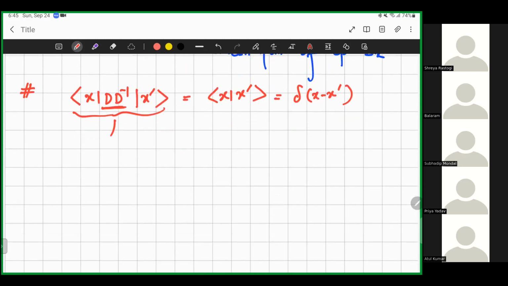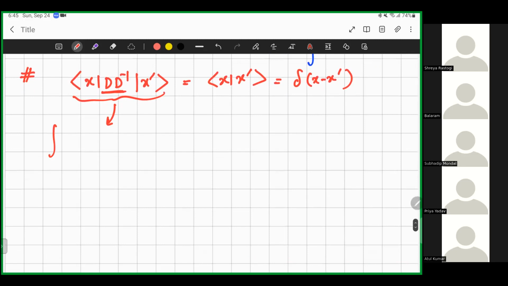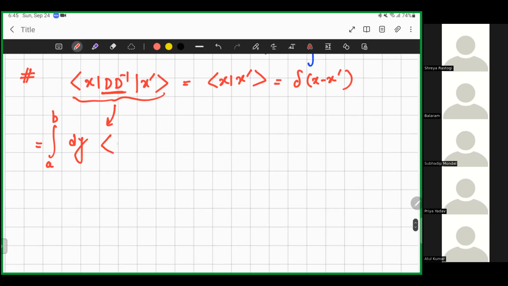Now this part also can be written as, if there is any doubt, then please stop me and you can ask. So it can be written as the integral dy <x| D |y><y| D inverse |x'>. Just I have introduced these things, |y><y|.